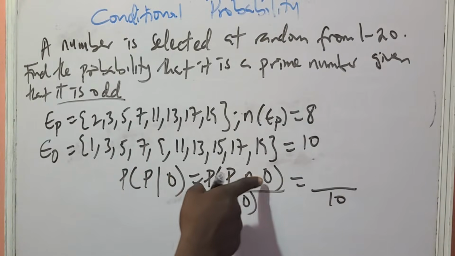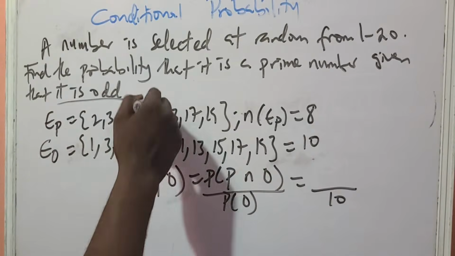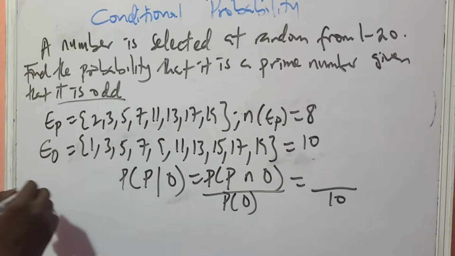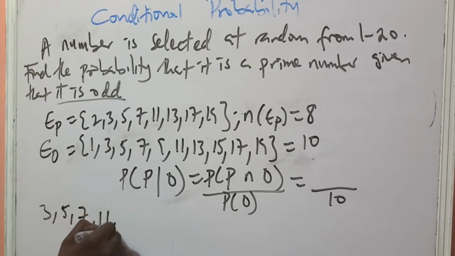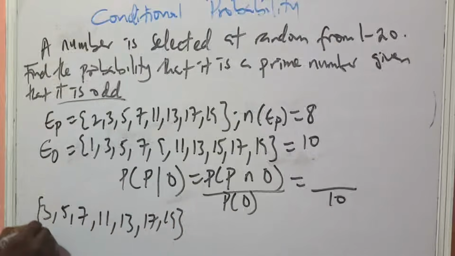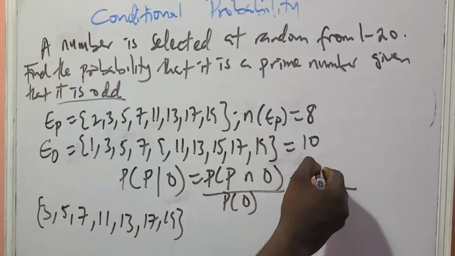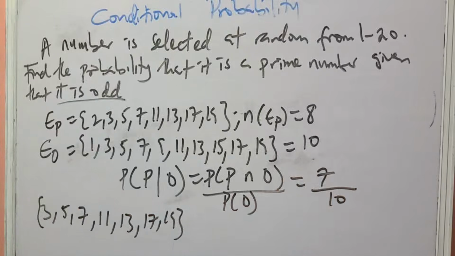So what is prime number intersection odd number? Look at these two events. Their intersection is 3, 5, 7, 11, 13, 17, 19. How many elements do we have there? 1, 2, 3, 4, 5, 6, 7. So your answer will be 7 over 10.